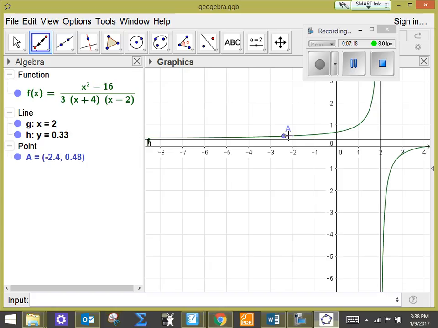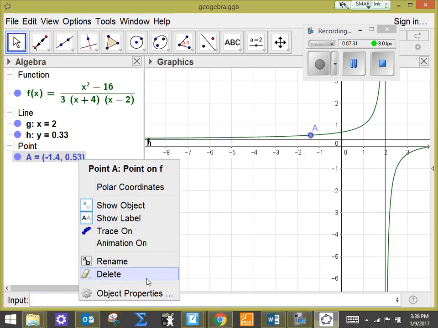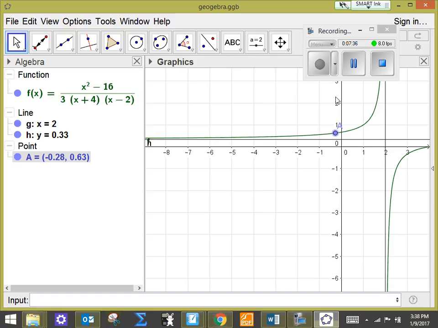Okay, so let me move it. There we go. See if I can get this to -4.